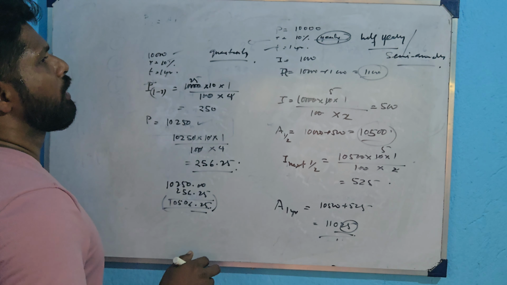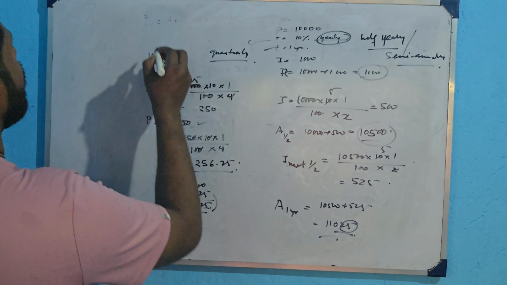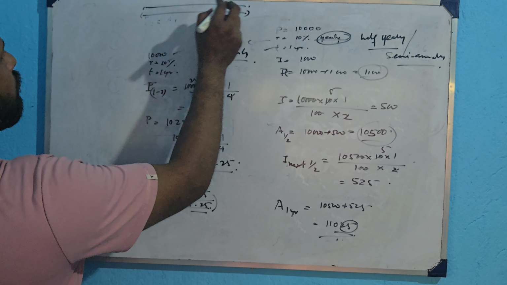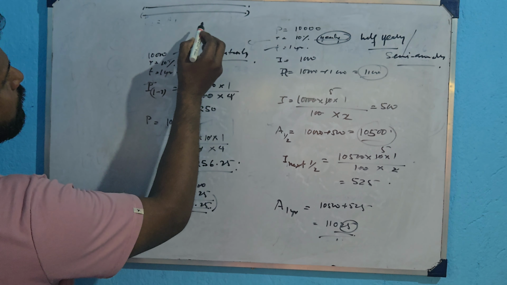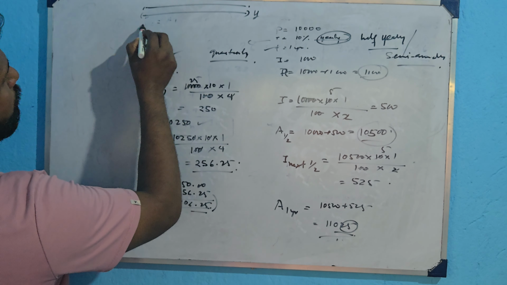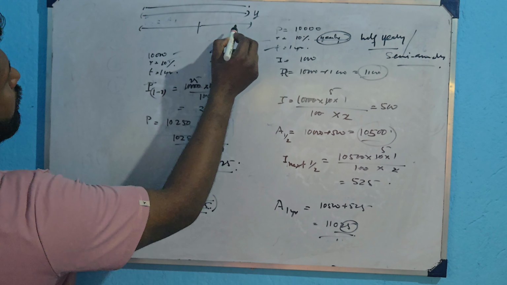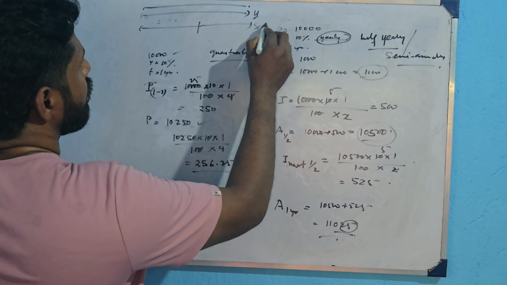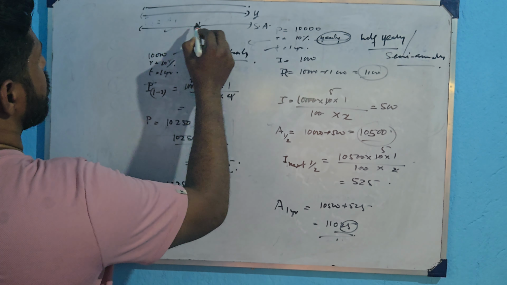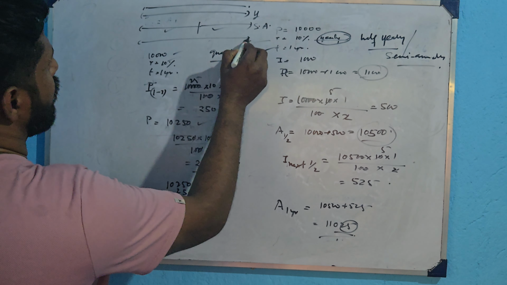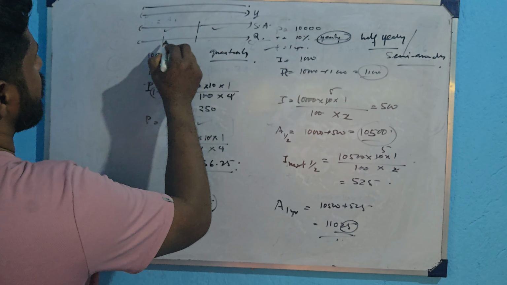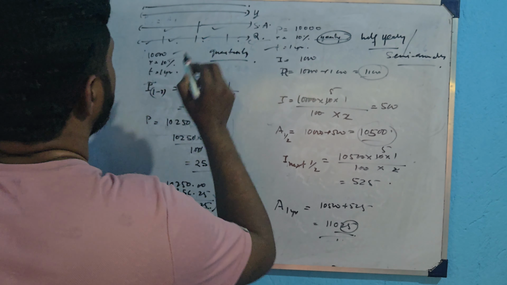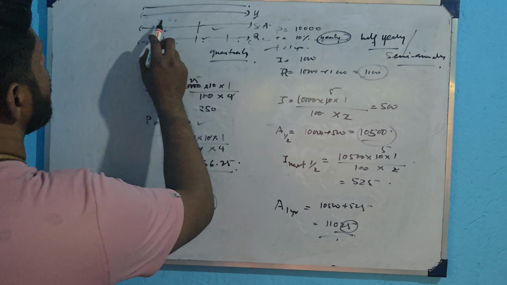So when we are saying yearly, we are dividing a year in one part only. When we are saying semi-annually, we divide it into 2 equal halves, 1, 1. And when we are saying quarterly, we are dividing into 4 equal parts, 1, 2, 3, 4, 1/4, 1/4, 1/4, 1/4. 3 months, 3 months, 3 months, 3 months.